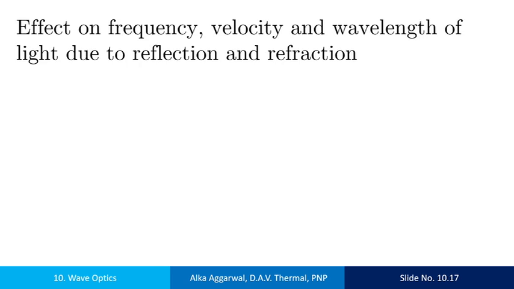Now the effect on the frequency, velocity and wavelength of light due to reflection and refraction. When the light wave is reflected from the surface, there is no change in frequency, velocity and wavelength, but the phase changes by 180 degrees. That means a crest turns into a trough and a trough into a crest.